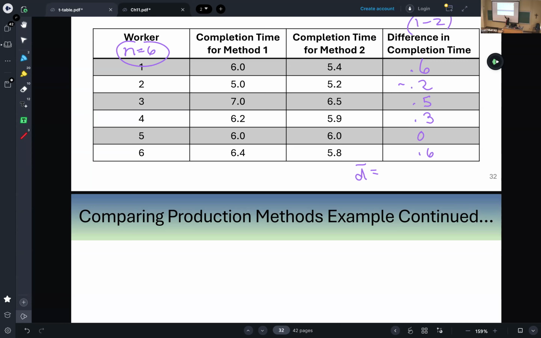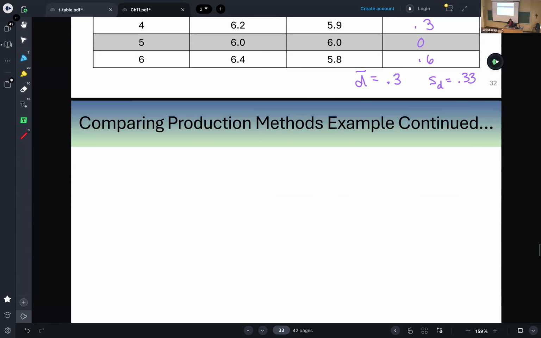And notice it's related because we have the same workers with different completion times. So they're related if you have the same people with 2 different samples. So divide by 6. It's 0.3. And to save time, I'm going to give us the standard deviation, which is 0.33. You might want to carry more decimals, but that's what we got.